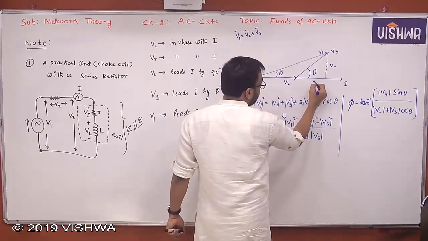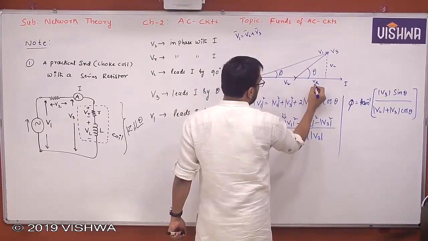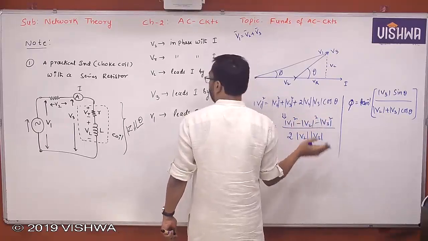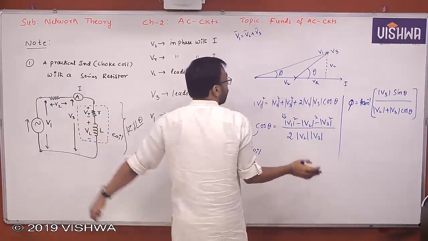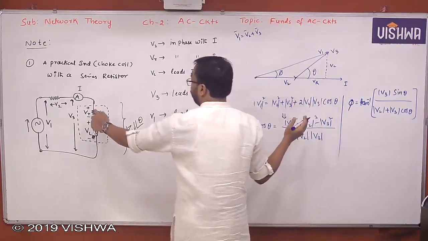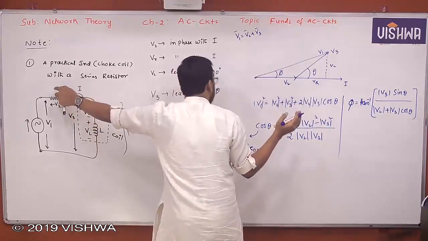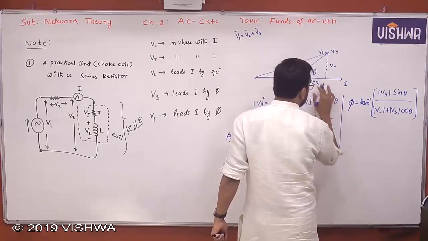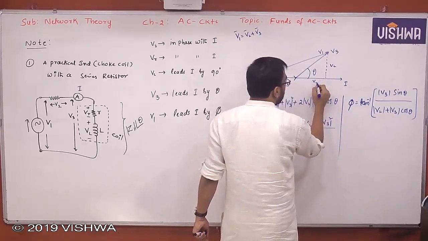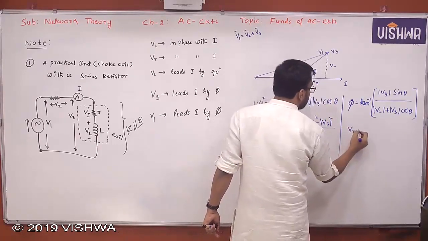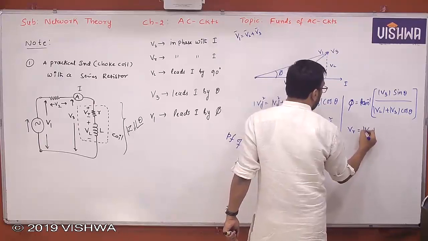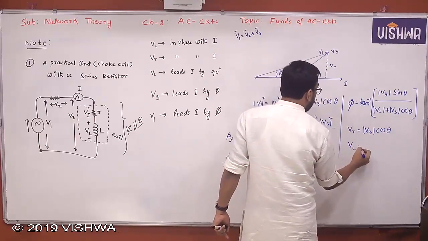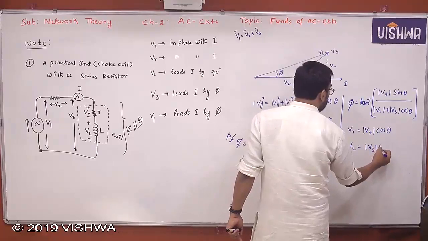So V2 plus VR is the total real part of the total voltage V1. The vertical component is there only for the coil. So finally, VR is V3 cos theta, and VL is V3 sin theta.